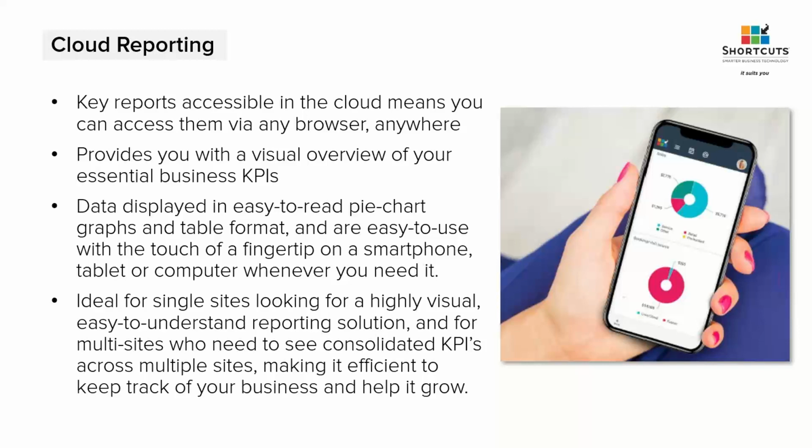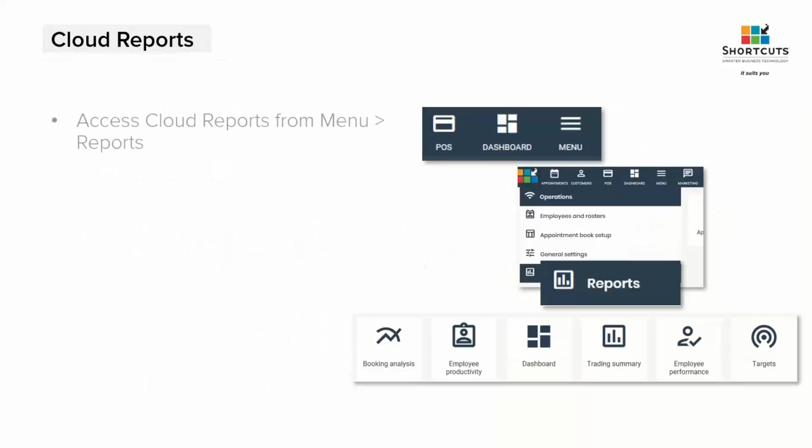In the cloud, we've narrowed it down to the most important reports for running a business, the day-to-day operations and the monthly operations. So these are your key performance indicators. When it comes to tracking your staff performance, your staff attendance, your productivity, your business data, those are all available on your key performance indicators in the cloud reports.